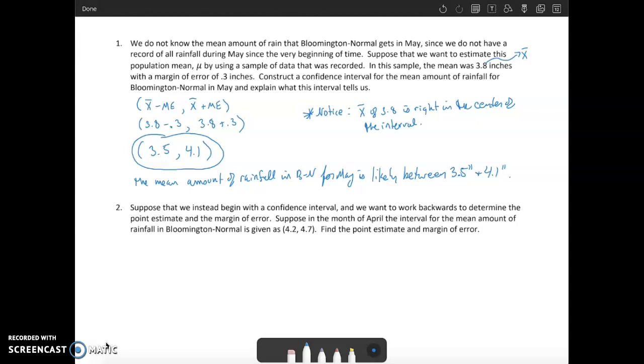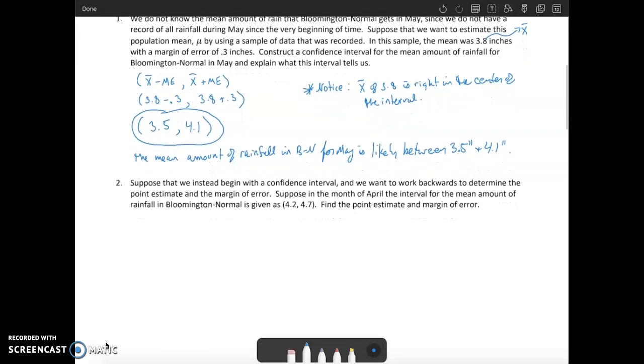That sample value, that sample mean or proportion, is always the center of your interval because your interval is created by going minus and plus from there. So a lot of students get confused or they feel like that is something special that they need to talk about, but it's actually not anything special. That's just true for all of them. It is the feature of how these intervals are created.